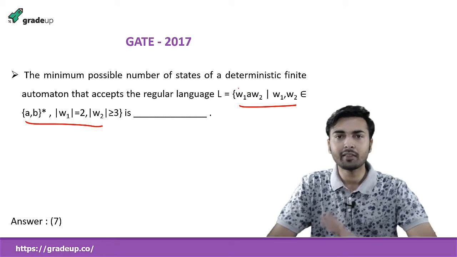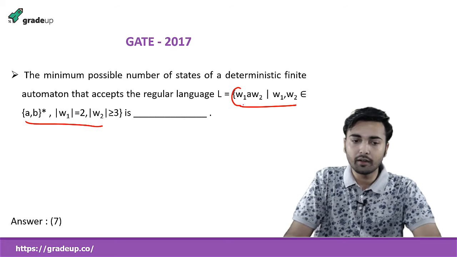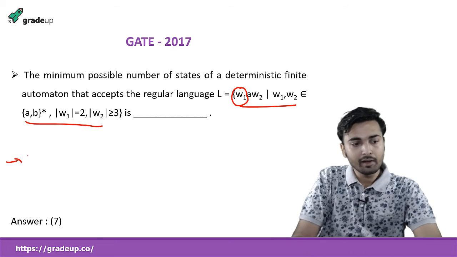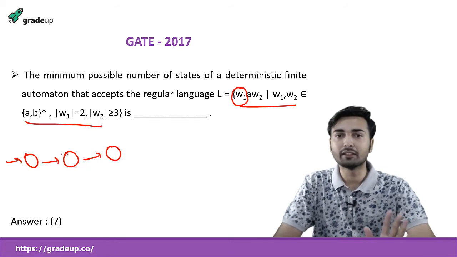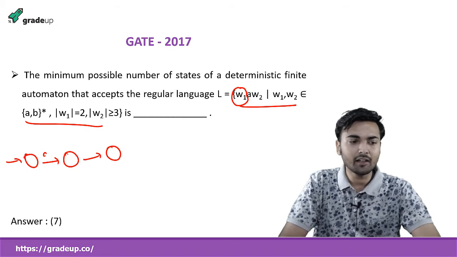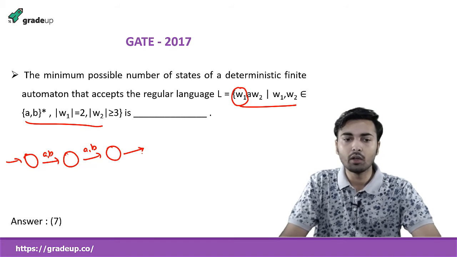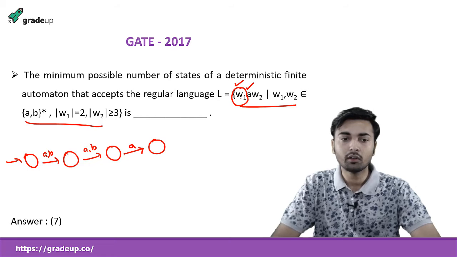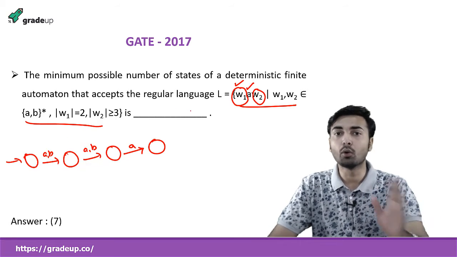So start. Now how to draw? First of all, W1, whose length is 2. Length 1, length 2, and anything can come, A and B. No problem at all. Now W1 is over. Now A should come. This A is also over. Now W2, whose length is greater than or equal to 3.